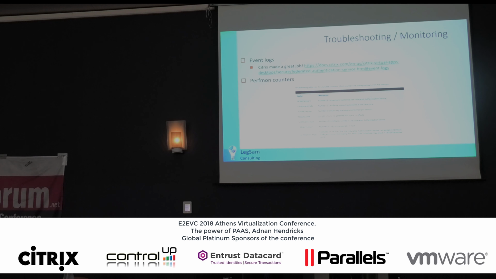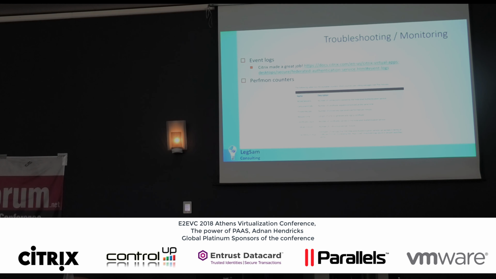And yeah, there are also different perfmon counters, and they also created something really interesting, that you can have an idea of how your FAS server is working. The last one is like a state of your FAS server, like low, medium, high, and you can just check this one and create your alert based on this perfmon counter.